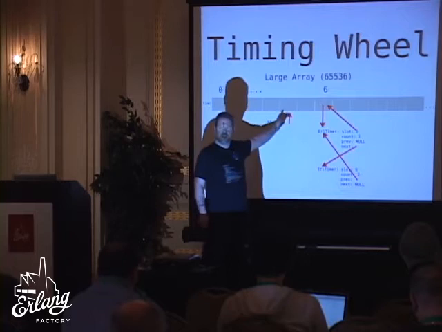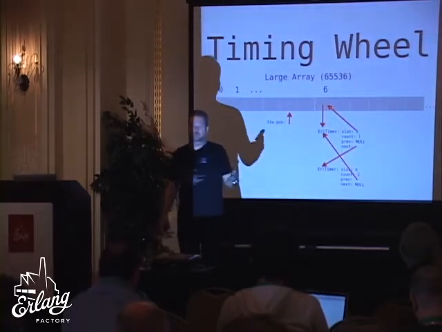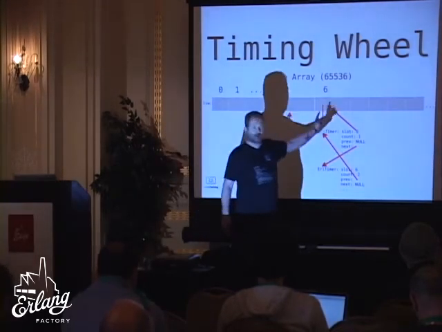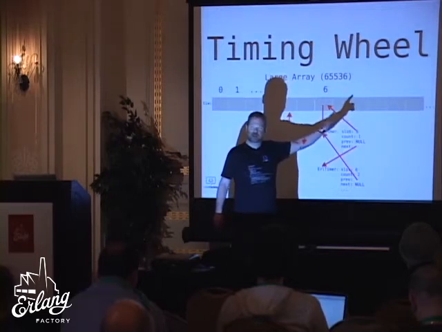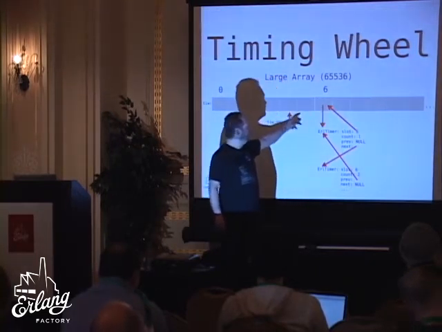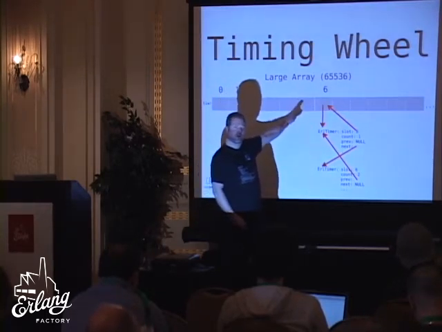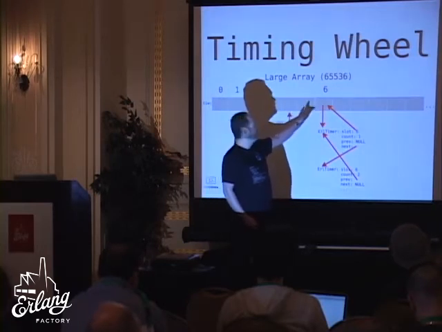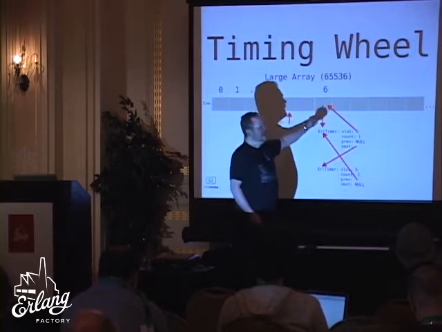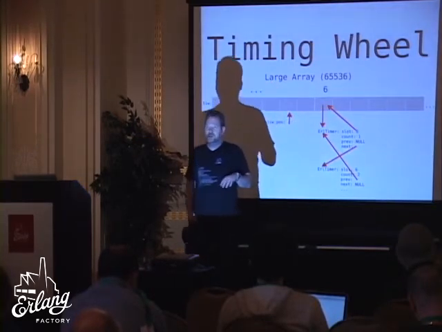It says this is the time slot that we're at right now. And when you put something into the timing wheel, you calculate what slot in the timing wheel it should end up in. So if it's going to be 20 milliseconds later, I'm not 100% sure about what the granularity of each slice is, but let's say 10 milliseconds. So if it's 20 milliseconds later, you end up in a slot 2 slots away.